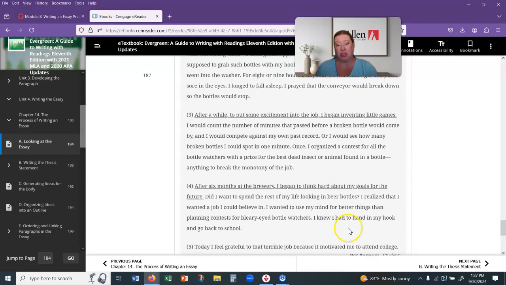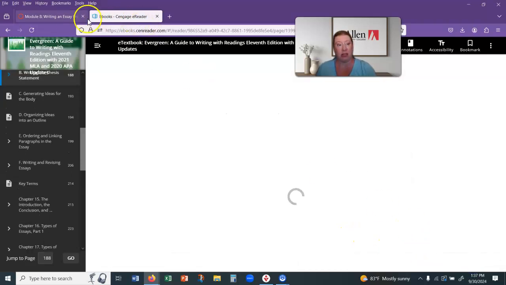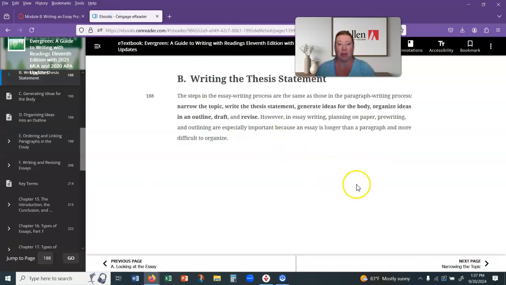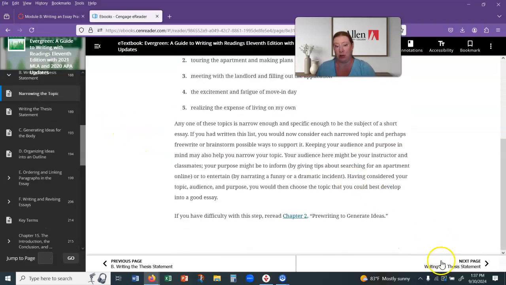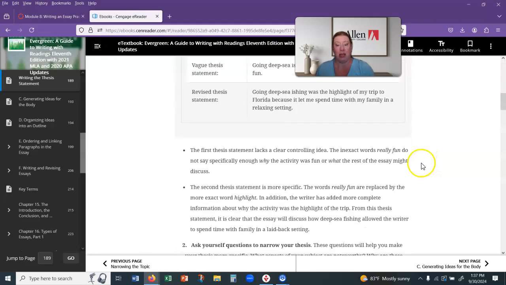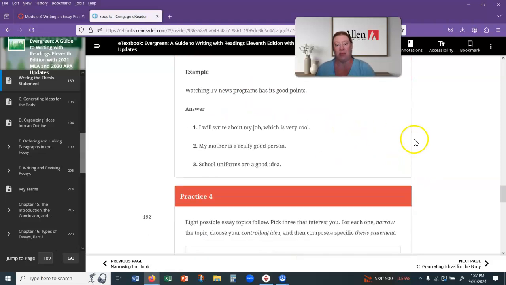So what you'll be doing is the practice exercises from here. I picked the ones that I thought would be most useful for you. Practice number 3 is about thesis statements. So you'll be looking there. You'll look at narrowing topics and then doing the thesis statement questions, like revising the thesis statements to make them more specific.